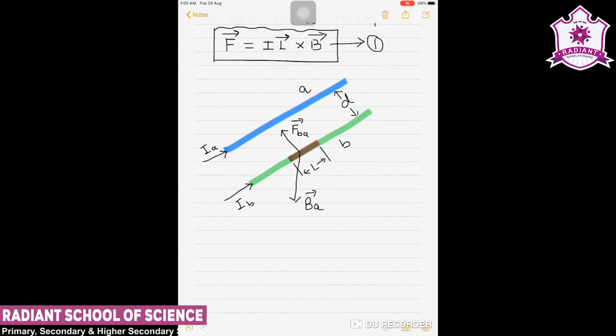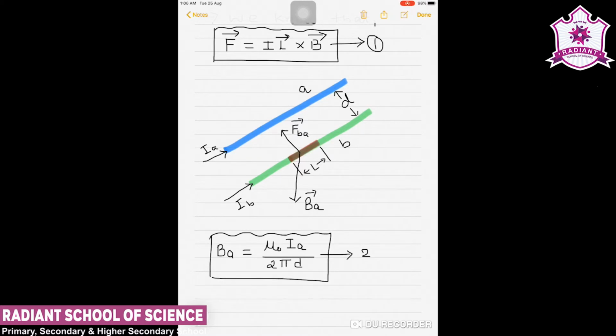Now the magnetic field due to wire A on wire B is given by, or rather not exactly on wire B, but first of all we will say the magnetic field due to A at distance D from wire A is given by mu 0 IA, where IA is the current passing through wire A, upon 2 pi r, but here the distance that I am considering is D, and therefore the magnetic field is given as BA. So this will be my equation number 2.